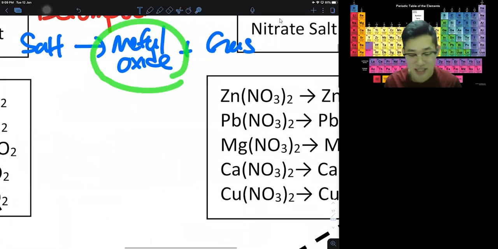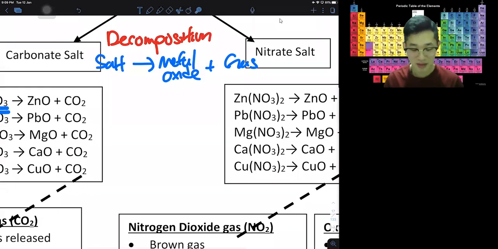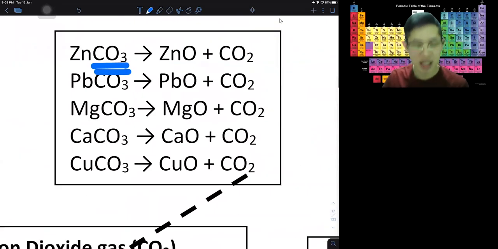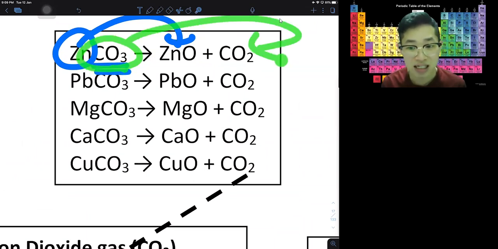Metal oxide and gas. Remember, metal oxide and gas. So you see, when I heat zinc carbonate, I get zinc oxide, the metal oxide, and the ion at the back will give me the gas.